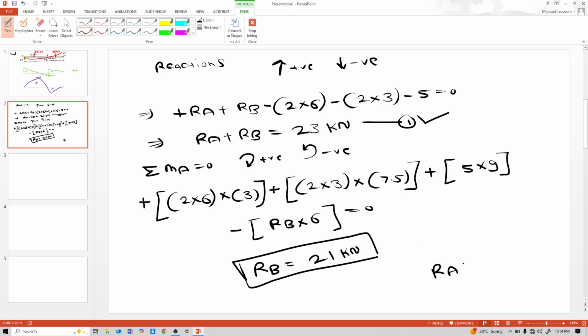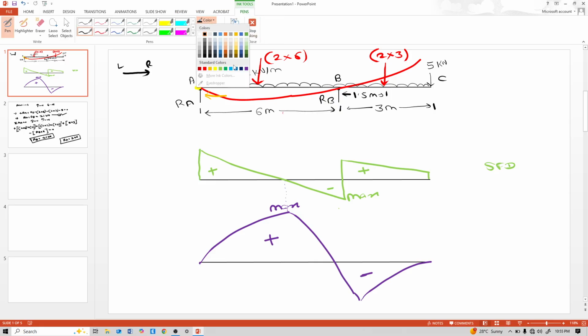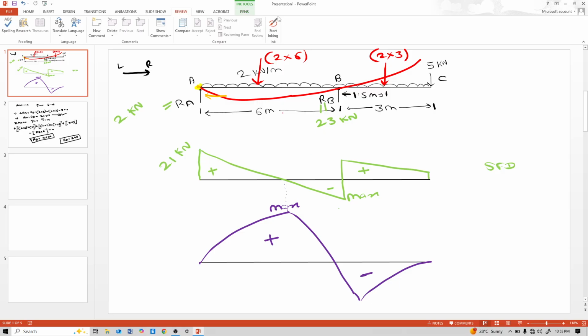So RA is equal to 23 minus 21, which is 2 kilonewton. So this RA is 2 kilonewton and RB is 21 kilonewton, not 23. So RA is 2 kilonewton.